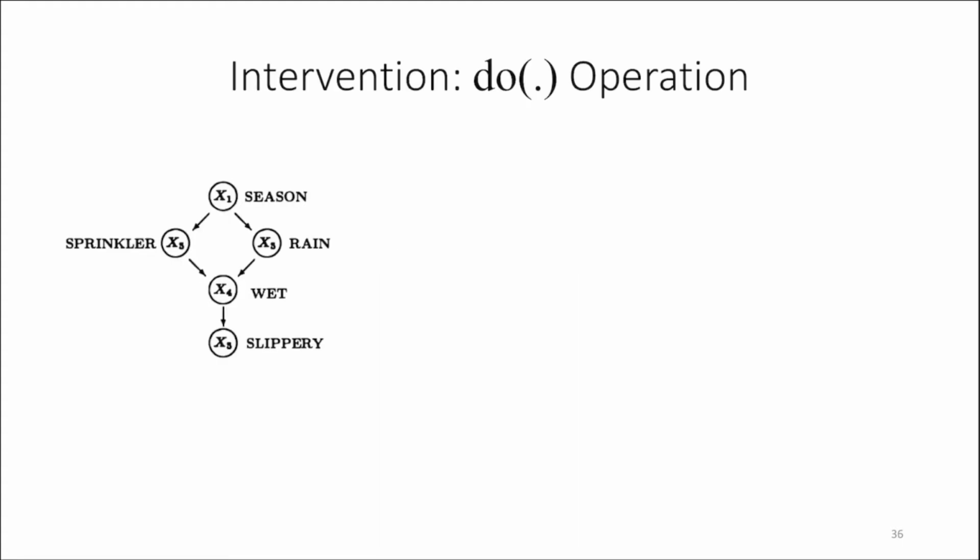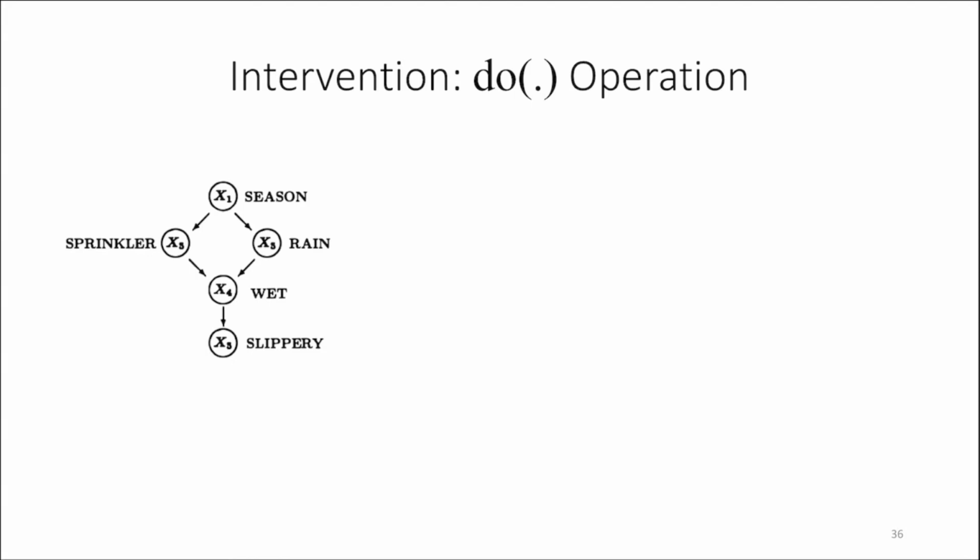So consider this case. We have 5 random variables: season, whether the sprinkler is on or not, whether it has rained or not, whether the pavement is wet, and whether it is slippery or not.